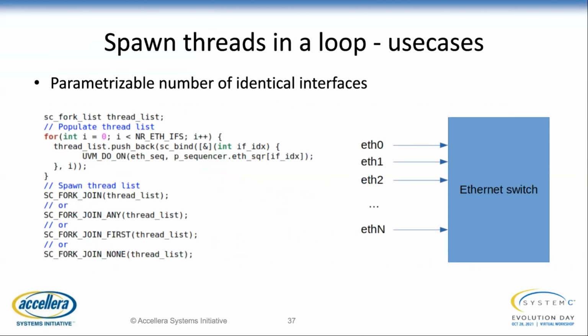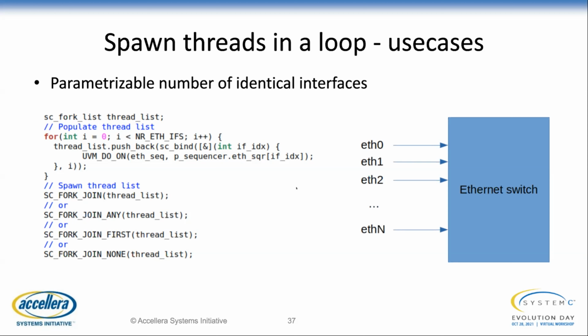And for spawning threads in a loop, I think the most common use case is when you have a block with a parameterizable number of identical interfaces. Like for example, an Ethernet switch, which has multiple Ethernet interfaces. They are all identical. They have the same signals, the same protocol.